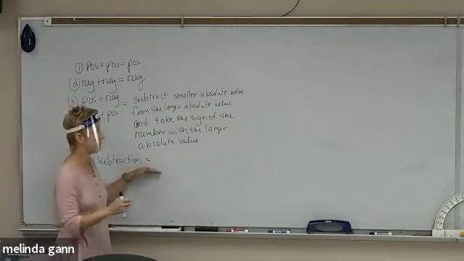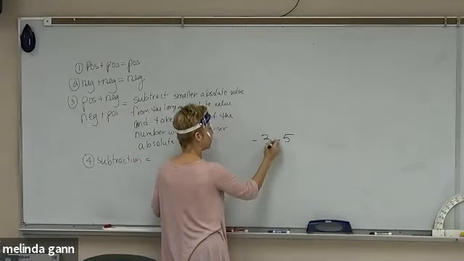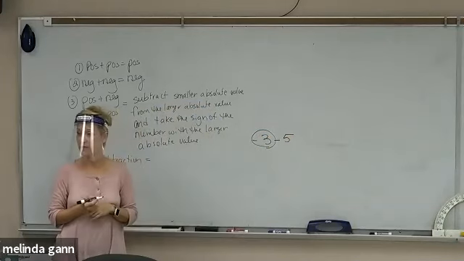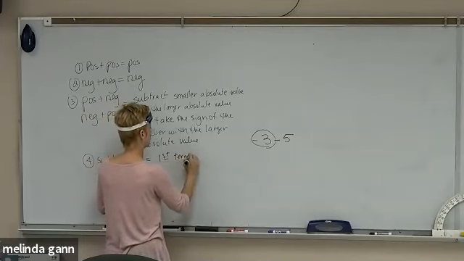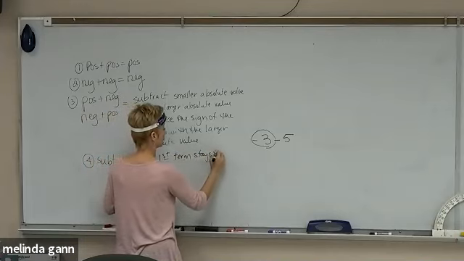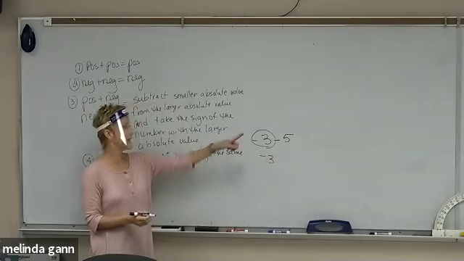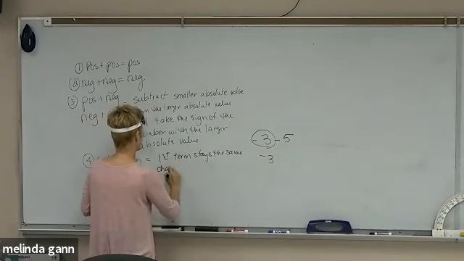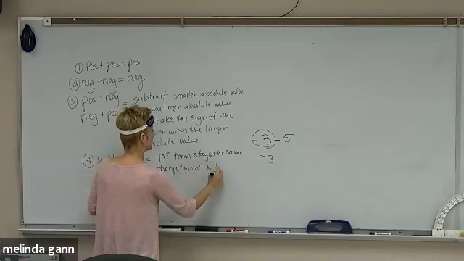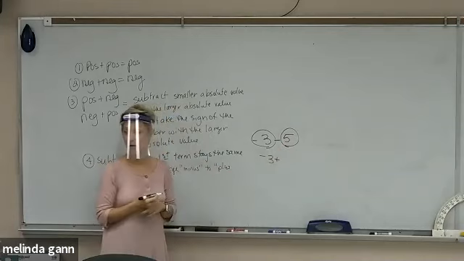Now, what happens to the first number? Like if you had a -3 minus 5, what would happen to the -3? Would it change or stay the same? All right, so that first term stays the same. So -3 would stay a -3. What does that minus turn into? Okay, so change that minus to a plus. Now, what kind of 5 is that right there?